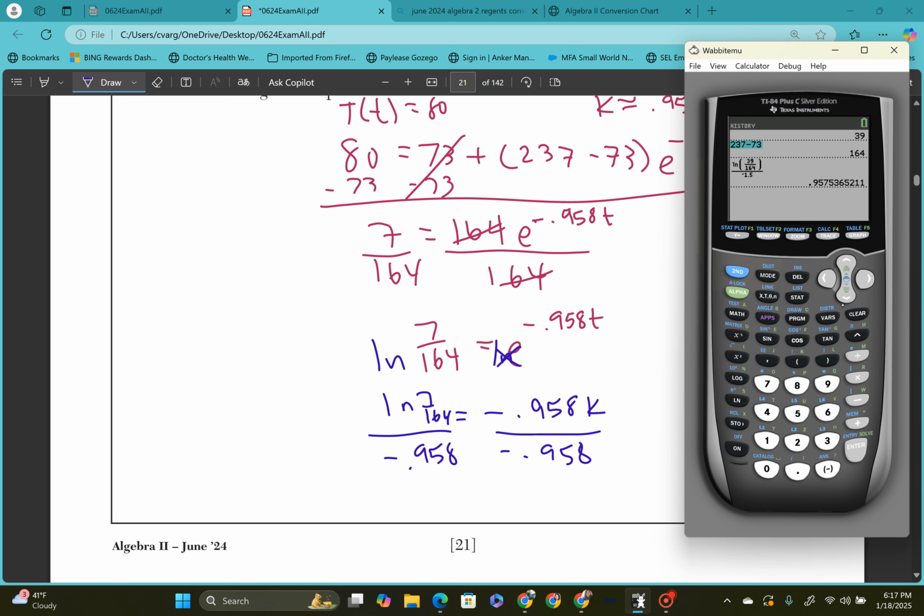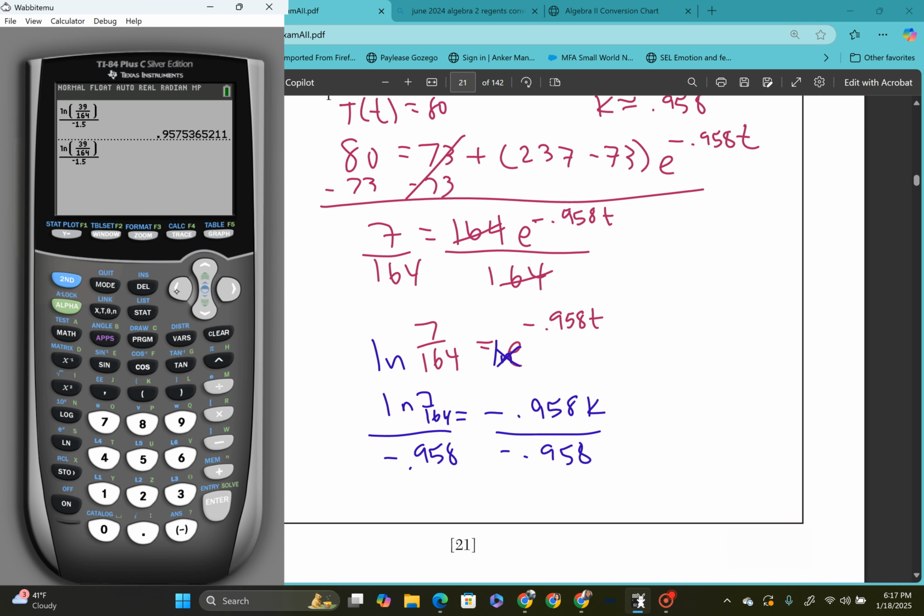I can go up and grab this because this is similar to what I have to put in. So now I have 7 over 164. I already have this, so let's delete that. Let's put a 7 in its place. Then I'm going to go down, and over here I'm going to type in negative. Let's delete this. 0.958.